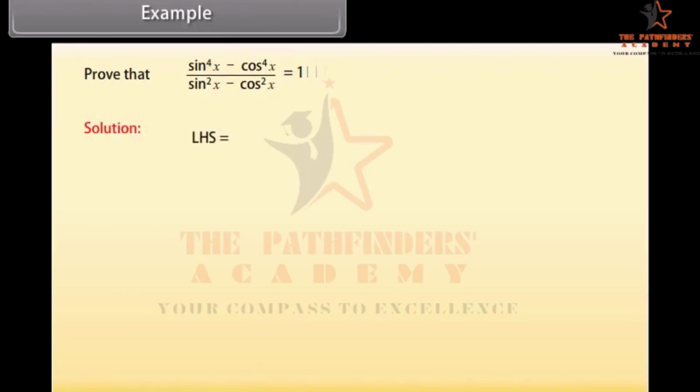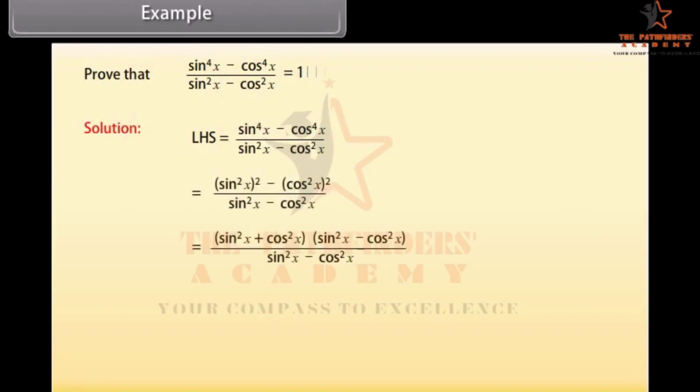On solving the left-hand side, which is (sin raised to the power 4x minus cos raised to the power 4x) whole upon (sin square x minus cos square x), we get 1. And this is equal to the right-hand side. Hence, (sin raised to the power 4x minus cos raised to the power 4x) whole upon (sin square x minus cos square x) is equal to 1.